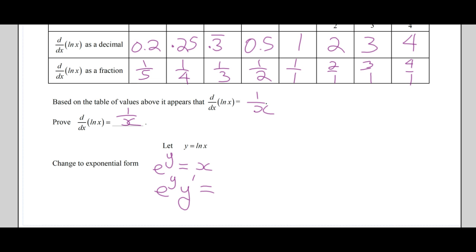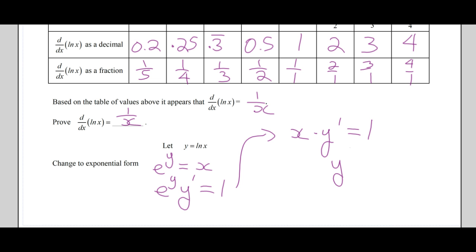What's the derivative of x? 1. So what's e to the y equal to? e to the y is x. So I can replace this e to the y with x. So then I can write x times y prime is equal to 1.